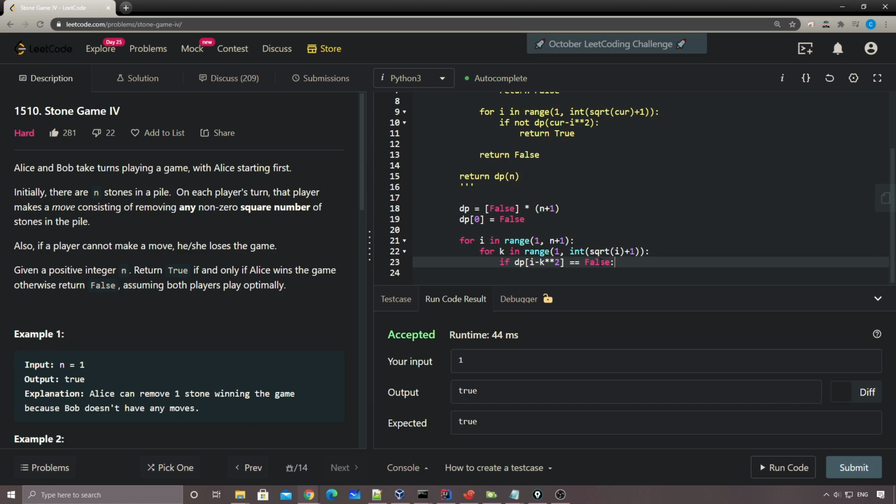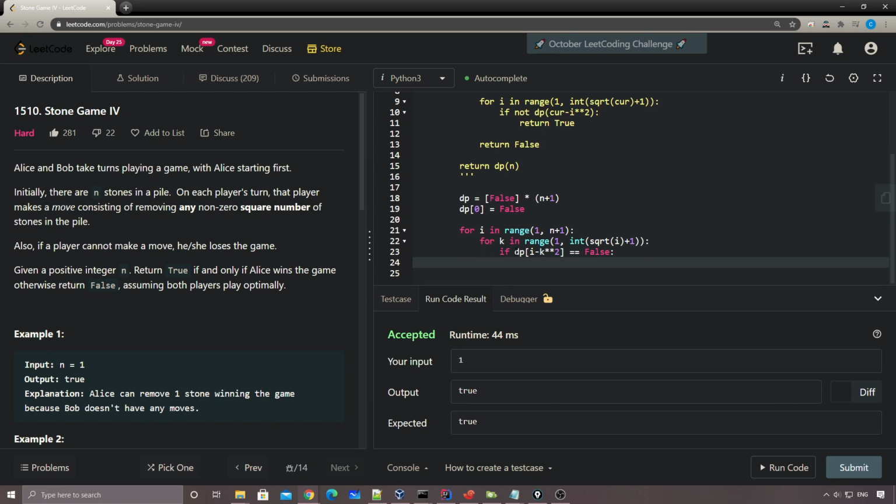then we know that since this state can make the other person definitely lose, we'll just go with that route. So basically, we'll simply set this one to true. If none of this works, it will stay false since we set everything to false first, right?